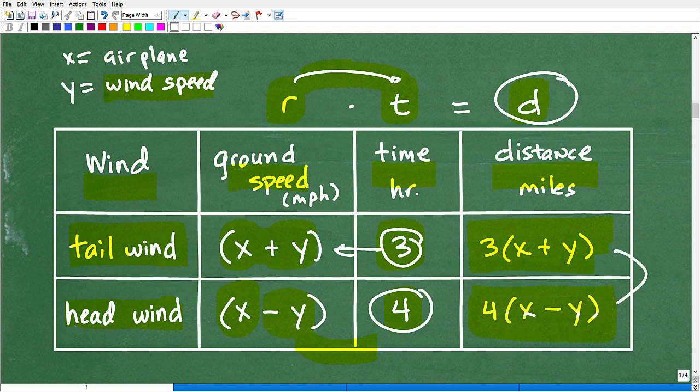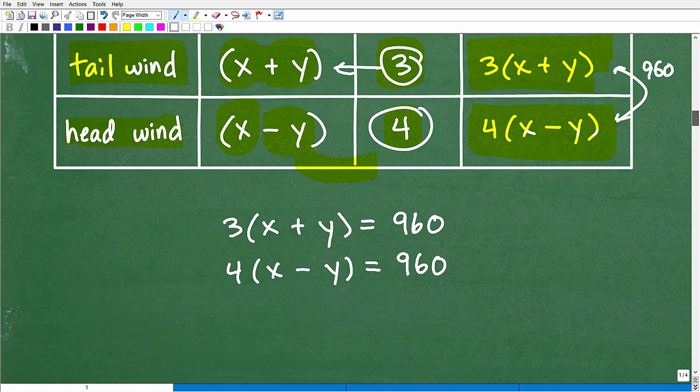Both of these are 960 miles, so we can use this table to construct formulas. Here we have 3 times x plus y, that's the distance with the tailwind, equal to 960 miles, and 4 times x minus y, that's the distance with the headwind, also equal to 960 miles.